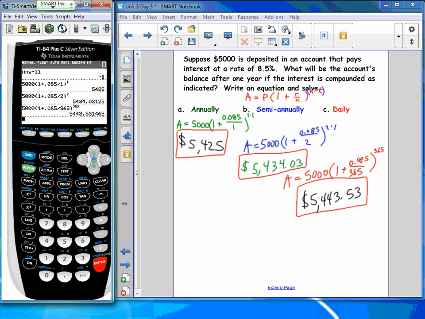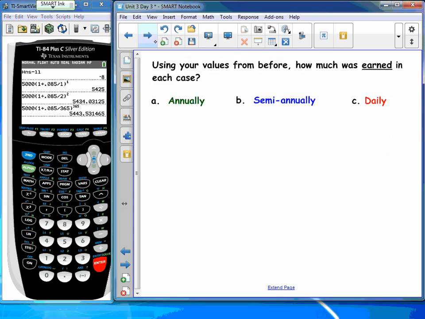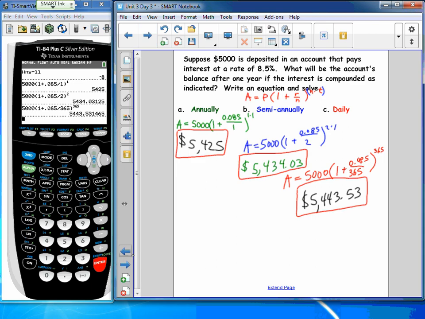What questions do you have about entering in your calculator? Let's go ahead and compare then. So using your values from before, how much was earned in each case? Compare that with your 5,000. Your 5,000 investment looks like 425, 434.03.